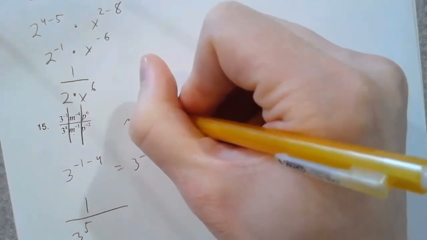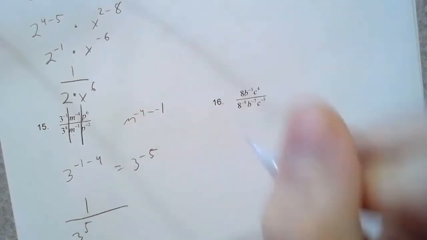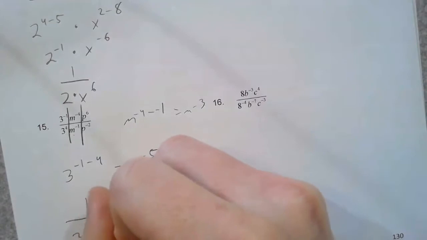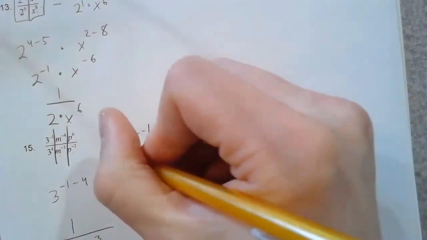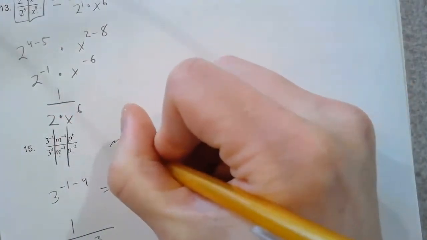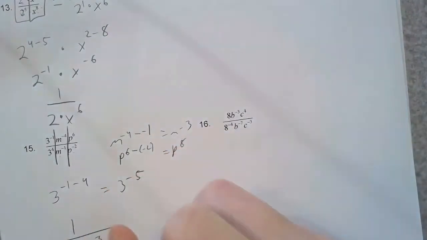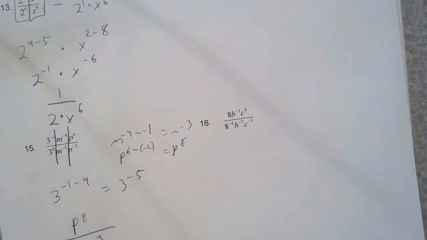M to the negative 4 minus negative 1 is m to the negative 4 plus 1, which is m to the negative 3, which gives me m cubed on the bottom. And then p to the 6th over p to the negative 2 is going to give me p to the 6th minus negative 2, which is p to the 8th. And that would go on the top.